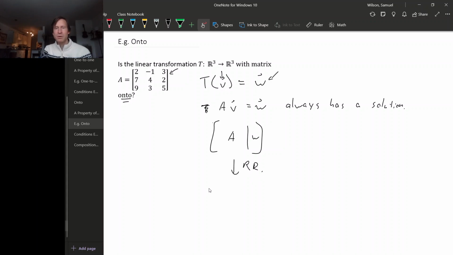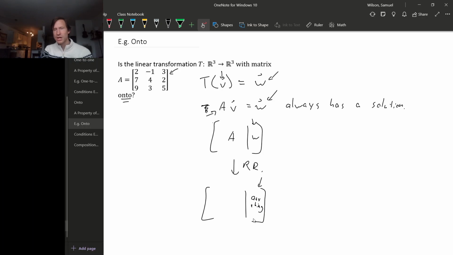Right? But what would the row reduced form have to look like? The thing is, since we want to know if this equation always has a solution, this vector W could be anything, and really is anything, because we want to solve this equation for every W to see if there's always a solution. So after you do the row operations, anything at all could show up in this augmented column.